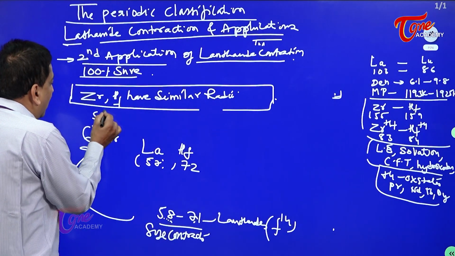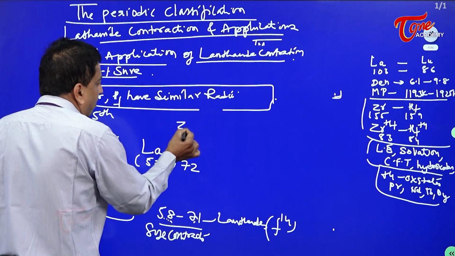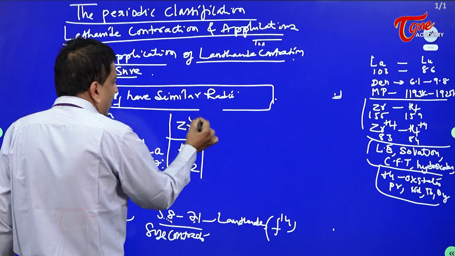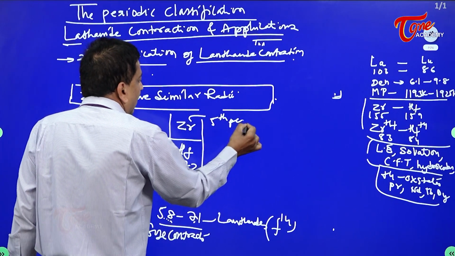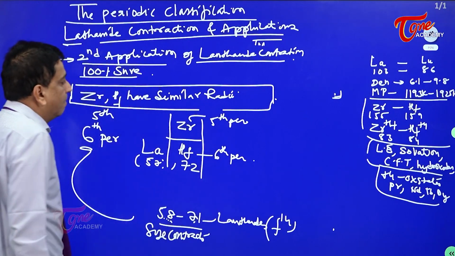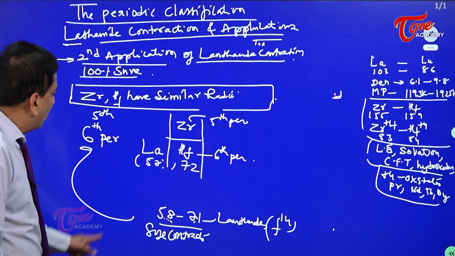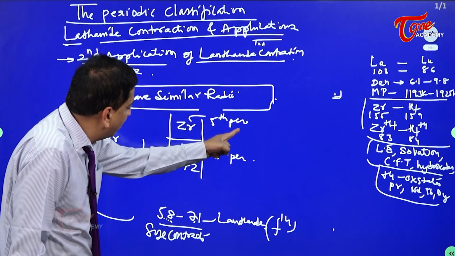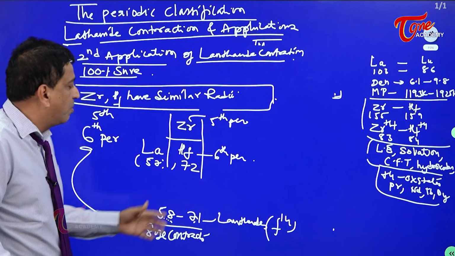And in the fifth period, the corresponding element is zirconium. Remember that. So this is the fifth period, and this is the sixth period. These two are corresponding elements.